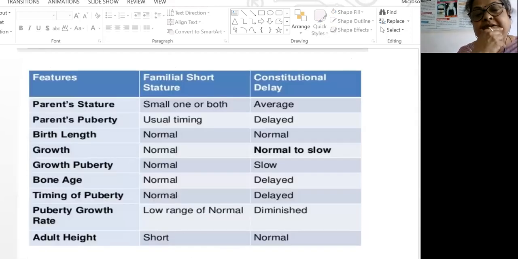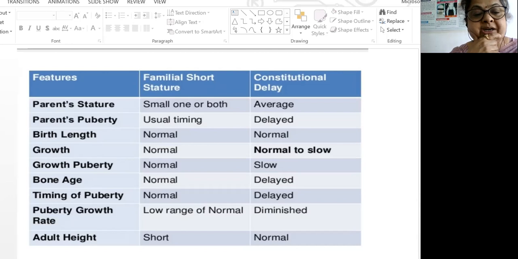So now we will learn the difference between familial short stature and constitutional delay. What are the features which will be taken into account? Parent stature: in familial short stature, one or both parents will be short, while in constitutional delay, both parents will be of average height.